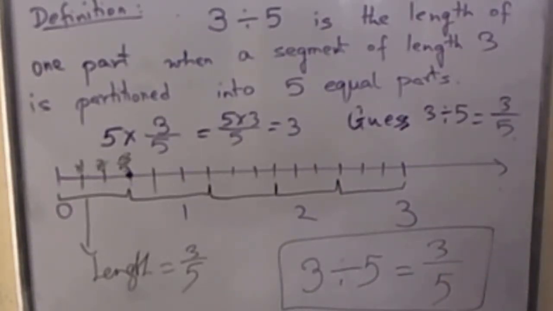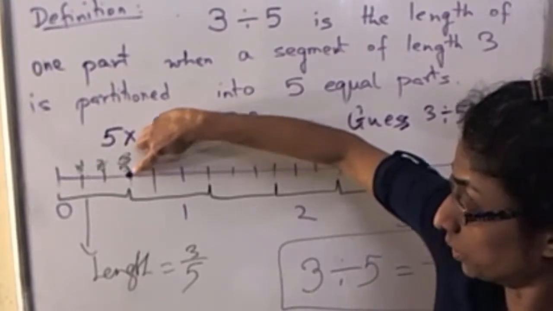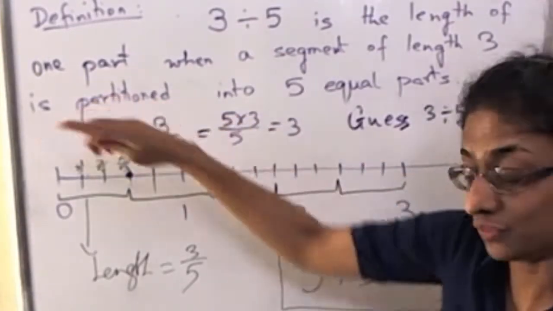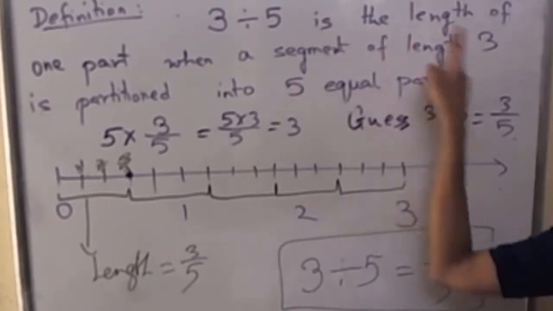This statement is sometimes called the division interpretation of a fraction. Originally we defined 3/5 as this particular point, which is the third multiple of the unit fraction 1/5. Now we are giving it a division interpretation: 3/5 can be thought of as 3 divided by 5 in this manner.